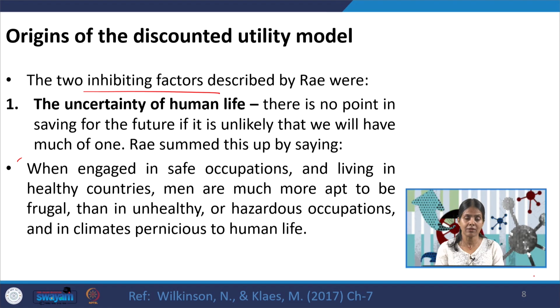Many of them are actively engaged in some kind of profession or other. Then of course, they need to bother about their post retirement life, when they will not be able to work much or earn much. But in countries where there is hardly any likelihood that I will be surviving for long, I might not have the incentive to save much.